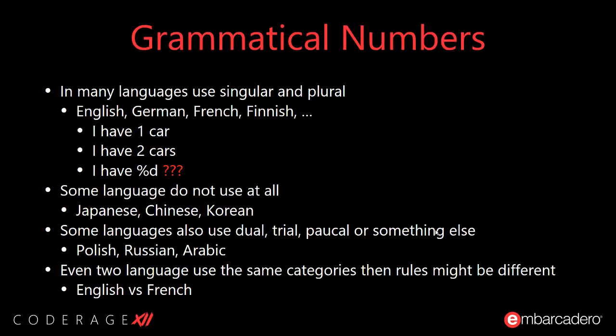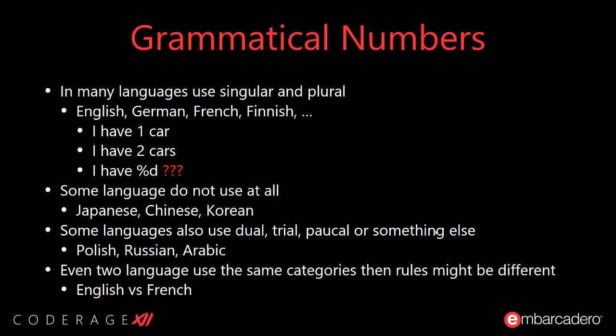Let's start with grammatical numbers. In most languages we have a concept of plural, like here you can see: I have one car, I have two cars. But whenever we have to generate a message like that, we don't know how many cars there are at development time.